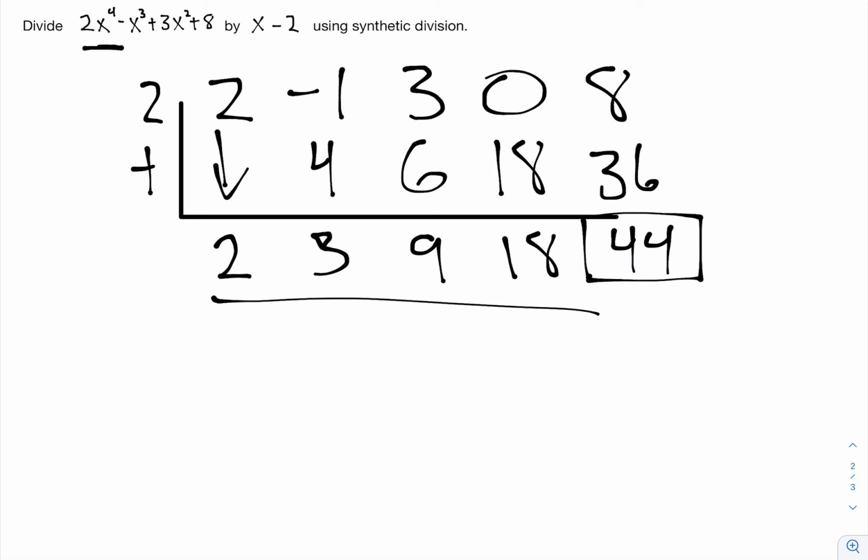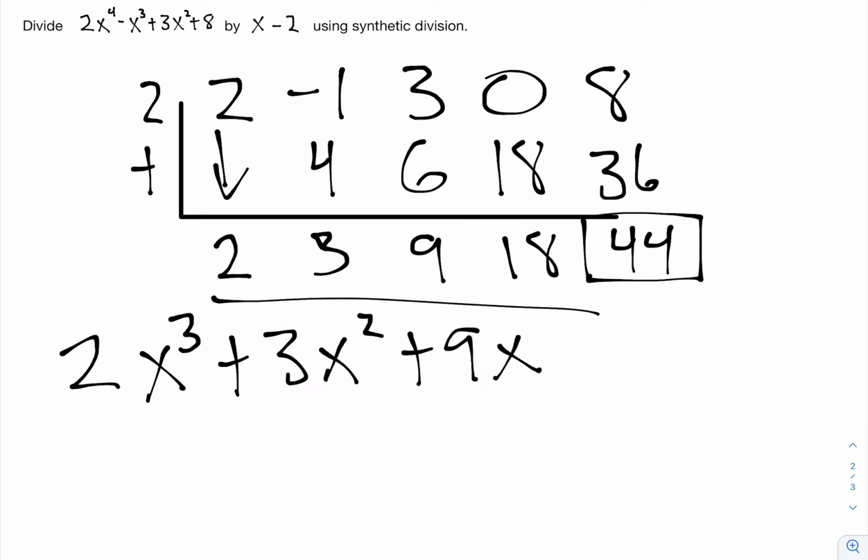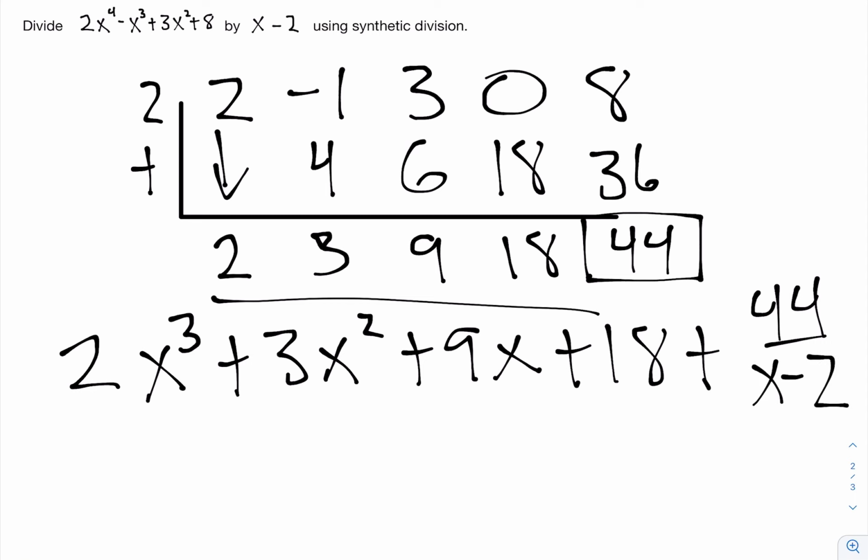So if we have something to the fourth dividing by something to the first power, it's going to be to the third power now. So it's going to be 2x cubed plus 3x squared plus 9x plus 18 and then our remainder is 44, so plus 44 over x minus 2. Okay, so that's our answer there.